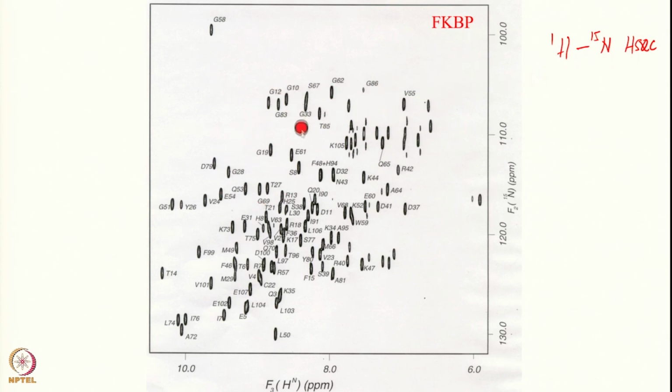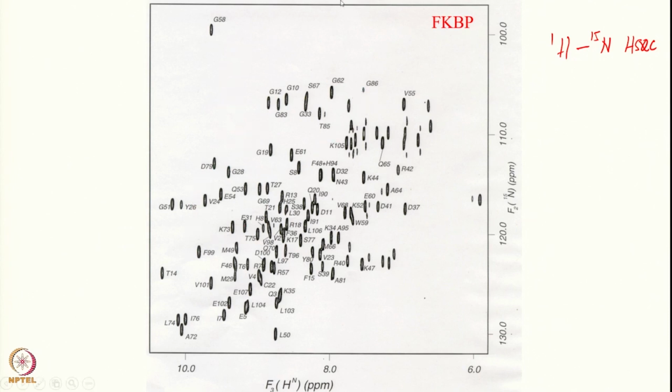Since you are able to count the number of peaks distinctly, one for each residue, the number of peaks will be almost equal to the number of residues in your protein, barring prolines. The prolines do not have amide protons, therefore they will not show cross peaks.